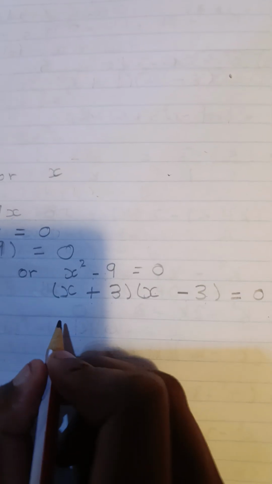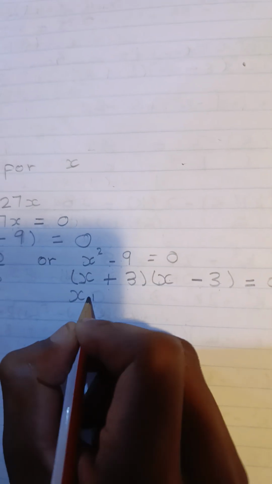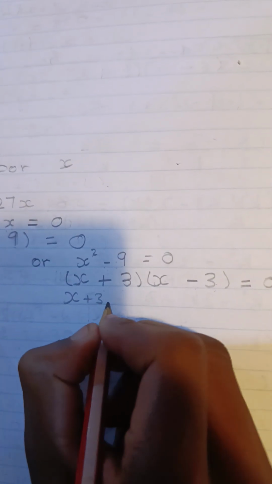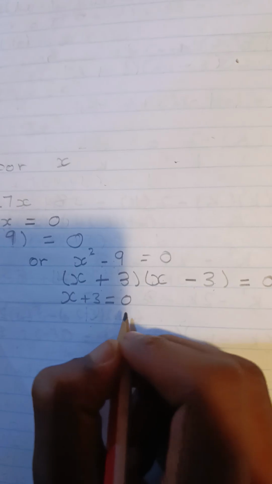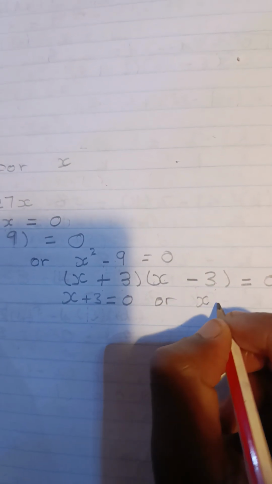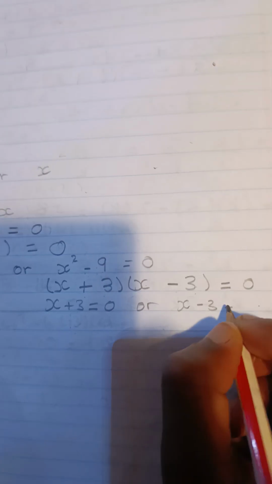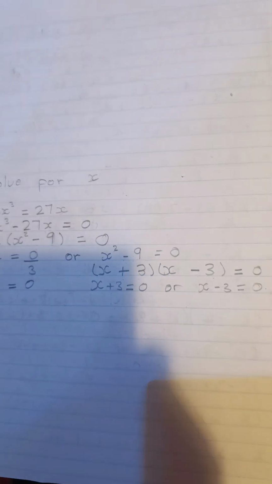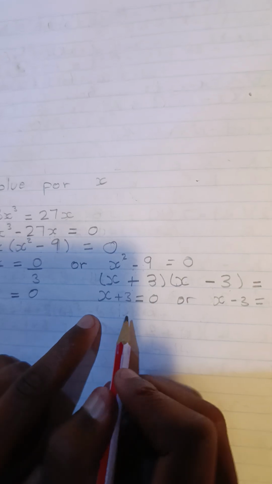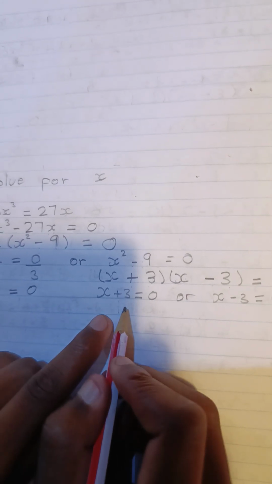And then here we are going to say x plus 3 equals 0, and then we say, or x minus 3 equals 0. We are not done, my good people. Remember, we are solving for x, not x plus 3.